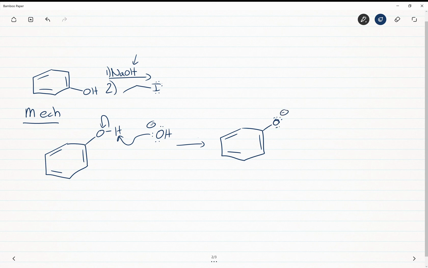And now, in this step, we will introduce the alkyl halide. This alkyl halide is a primary alkyl halide. And so again, we are going to see the backside attack and the leaving group being kicked off all in one step. And we will form our new ether.